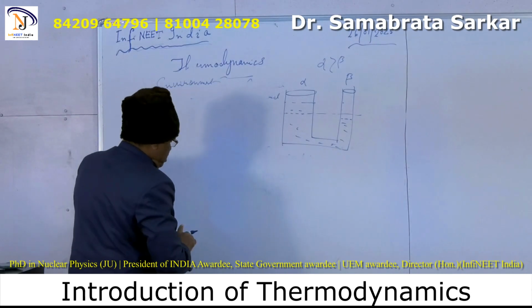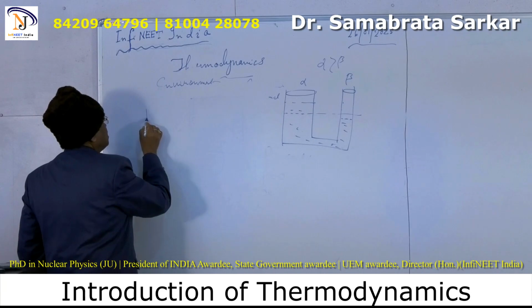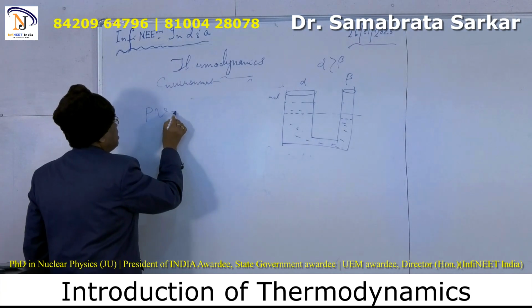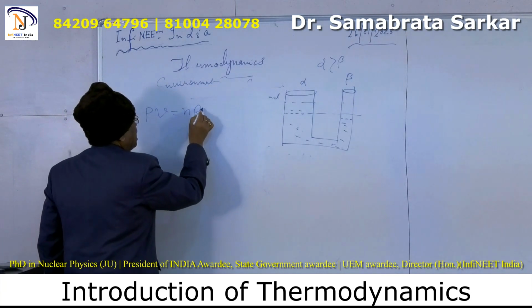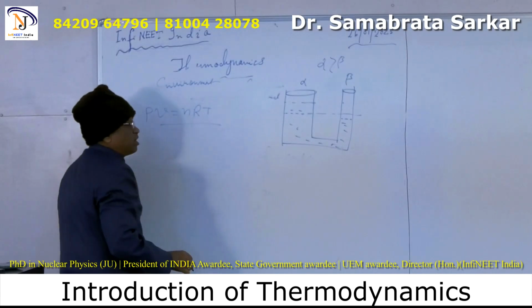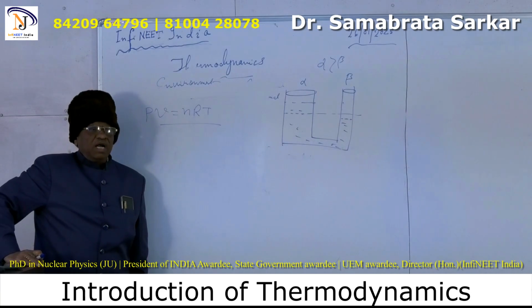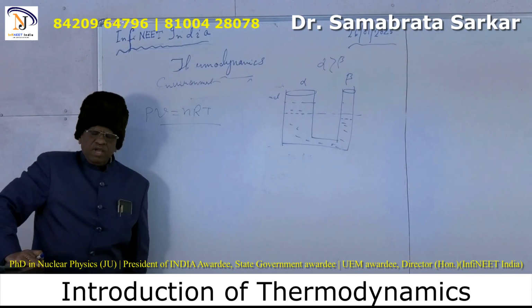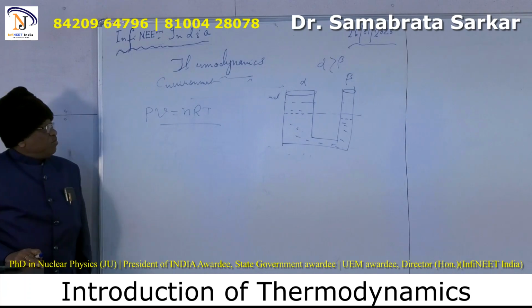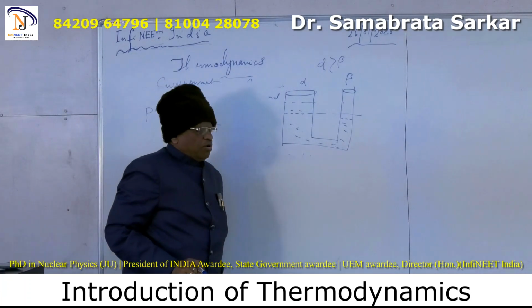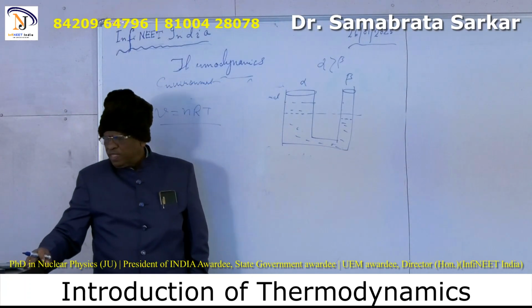What is the equation for an ideal gas? Gas equation PV equals nRT. For n moles of gas, that is nRT. Am I clear?